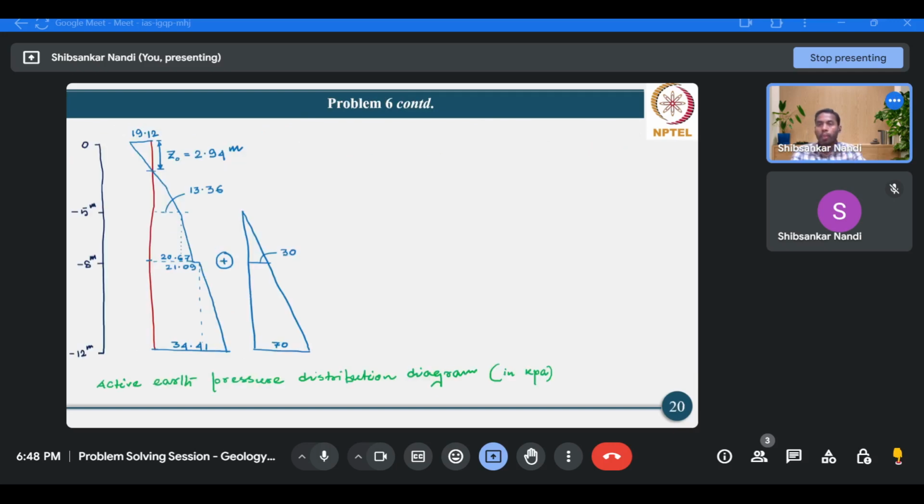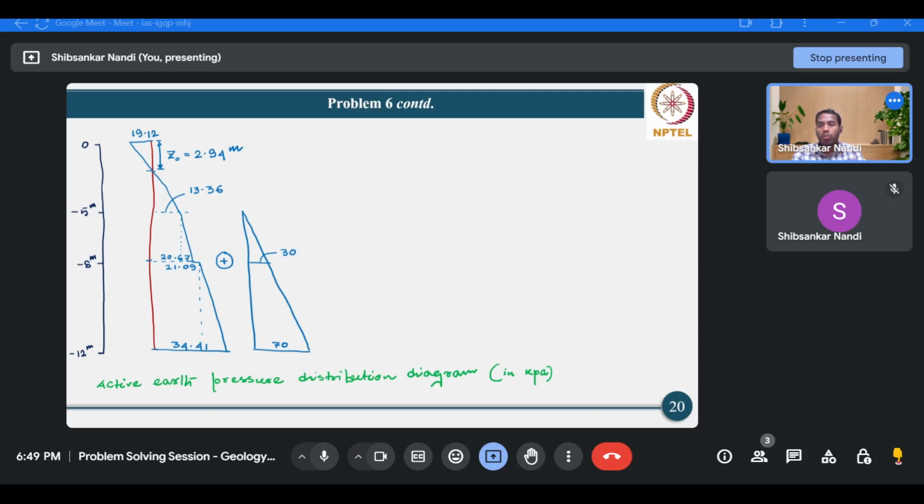Why? Because once the tension crack has been formed, as you know that the soil is very weak in tension, there will be a separation of the soil from the retaining wall. That means there is no contact between the retaining wall and the adjacent soil mass.